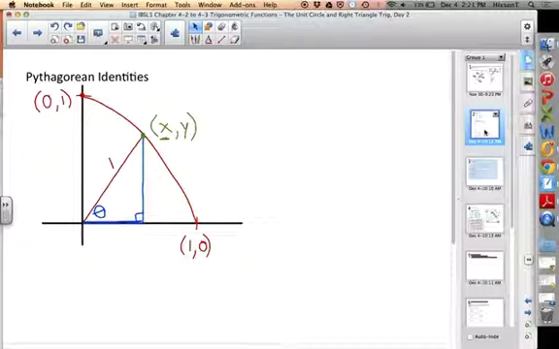And you'll notice I've picked some random point x, y. And of course, you guys know, since it's a unit circle, the radius is going to be 1. So there's our hypotenuse.